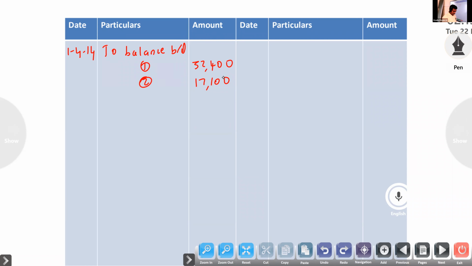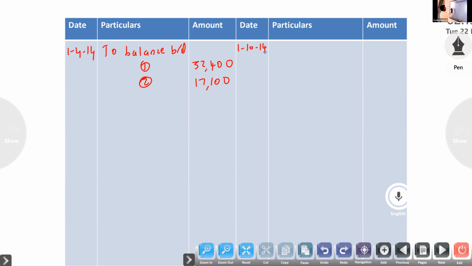So here a transaction is there. On 1st October 2014 we sold machinery, and on the same date a fresh machine was purchased for rupees 64,000.